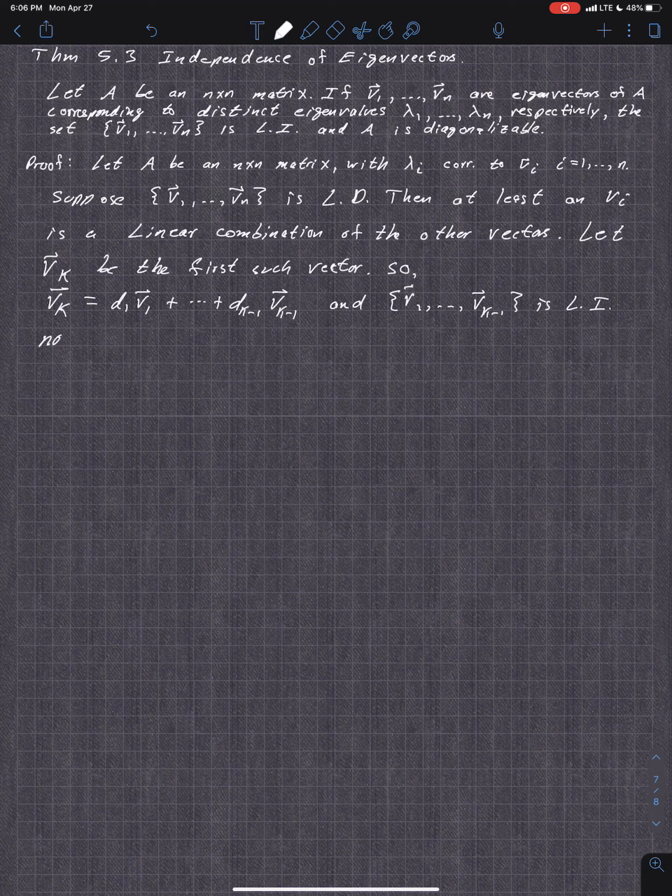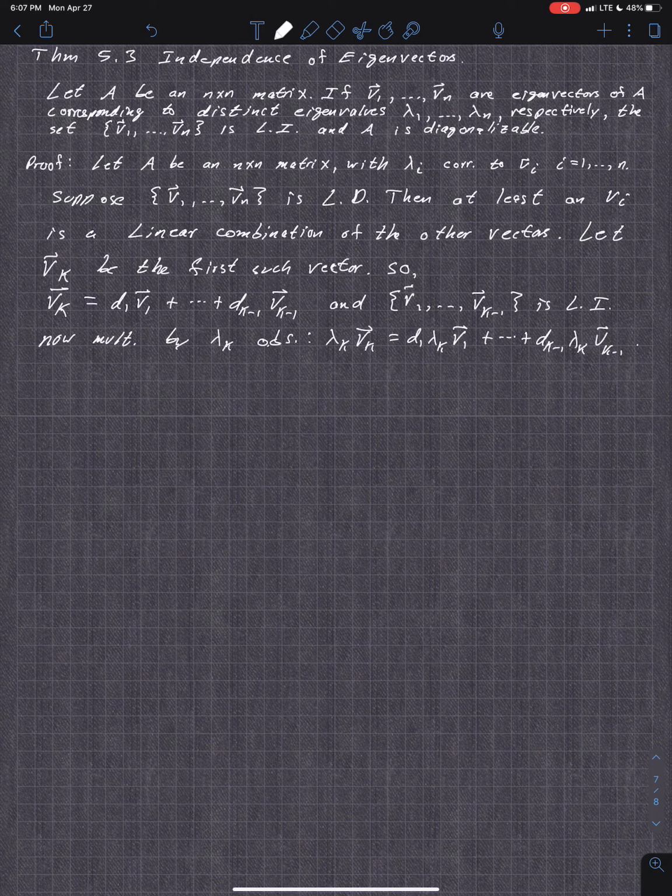So you get lambda sub k v sub k equal to d1 lambda sub k v1 plus etc., all the way to d sub k minus 1 lambda sub k v sub k minus 1.